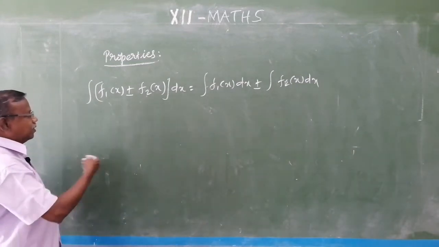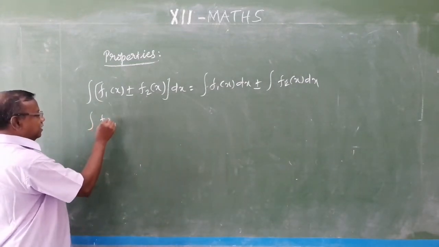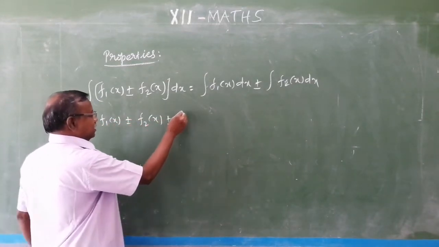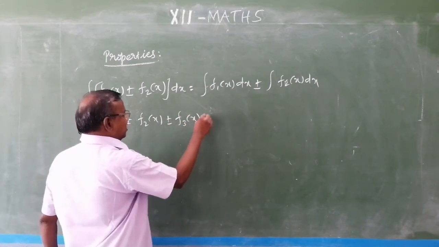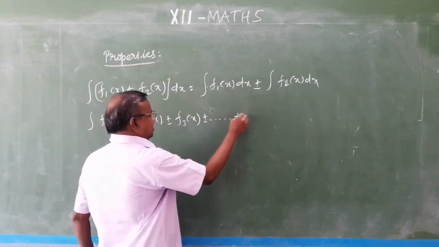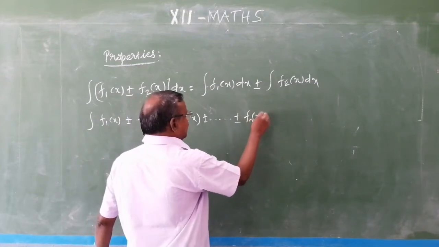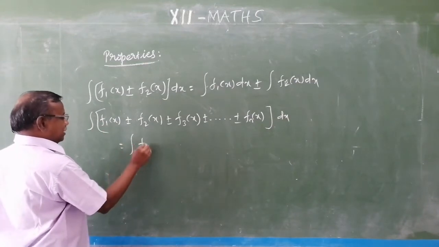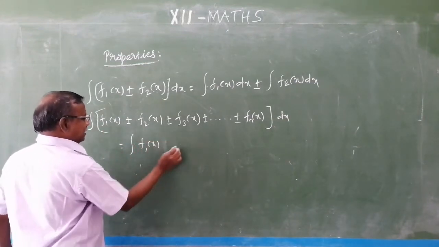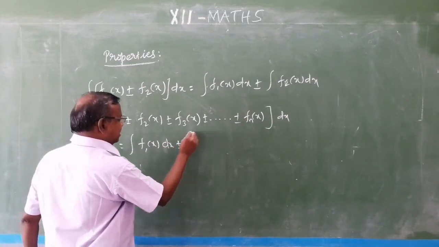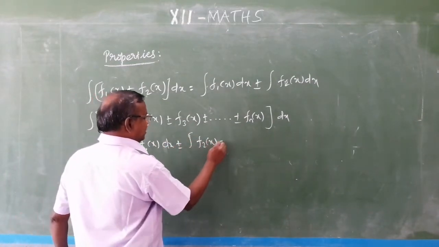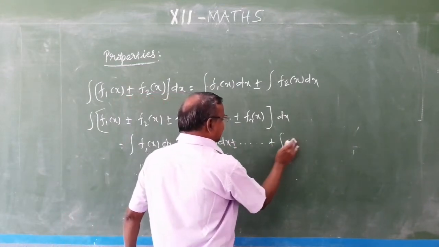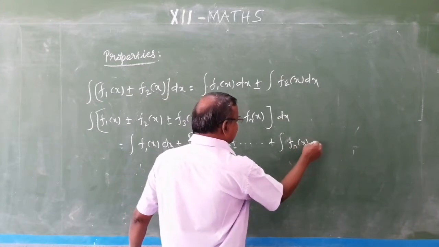Likewise, for n functions, integral of (f1 of x plus or minus f2 of x plus or minus f3 of x and so on, plus or minus fn of x) dx is equal to integral f1 of x dx plus or minus integral f2 of x dx, and so on, plus or minus integral fn of x dx.